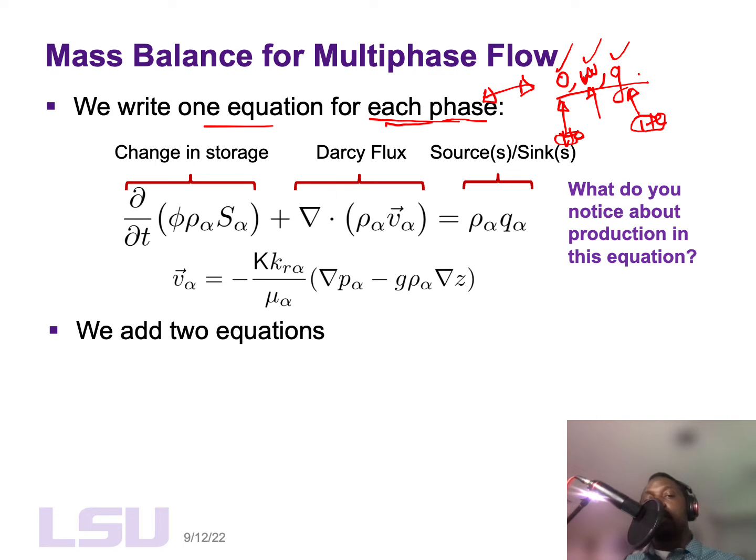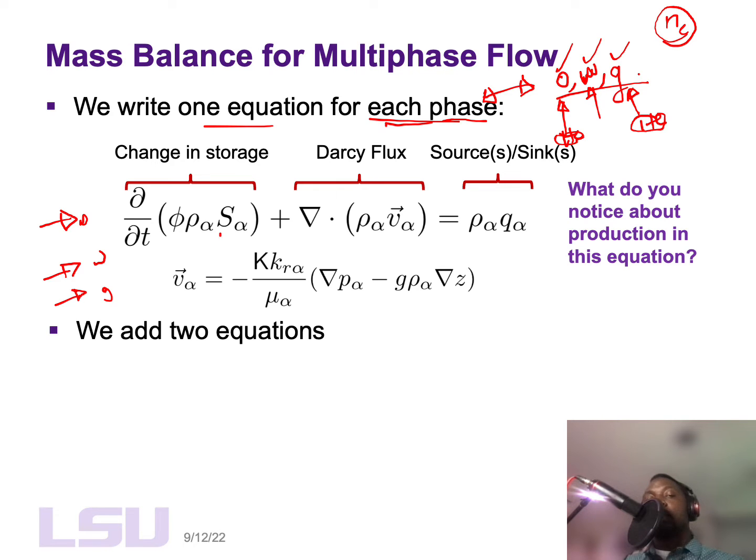When we look at actual compositional simulations, when you have multiple hydrocarbon components in just three phases, so in the oil phase, in the gas phase, and then you can have the hydrocarbons dissolved in the water phase, in those cases, you will see we will have NC number of equations for the number of components. So really, these number of equations here correspond to the number of the pseudo components, which are oil, water, and gas.